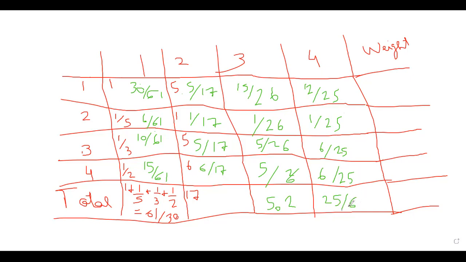Okay. And now we can find the weights. So to find the weight in this option, all I have to do is sum the numbers and divide by the number of criteria, which is 4.